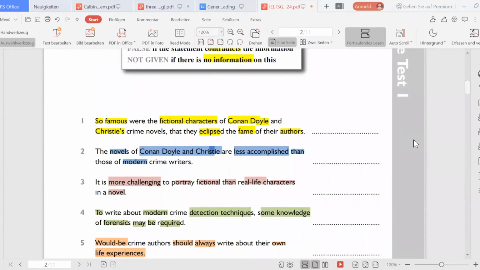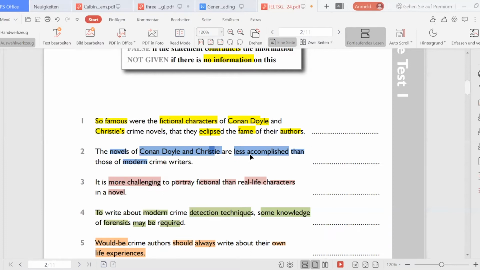So number two: the novels of Conan Doyle and Christie are less accomplished than those of modern writers. For me, the word novel is a keyword. Again, the authors' names are keywords. Less accomplished. Also take note of the comparative and superlative adjectives. They're always keywords, because in the text you could have the other side.